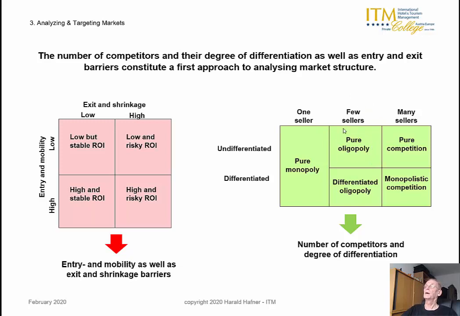An oligopoly could be a pure oligopoly if it's undifferentiated, or it could be a differentiated oligopoly if there are differences between the companies. Pure oligopolies you can find, for example, in the oil industry. There are only a few players who export oil into this world, and therefore they have hooked up into an organization called OPEC with its seat in Vienna, where they fix the prices.